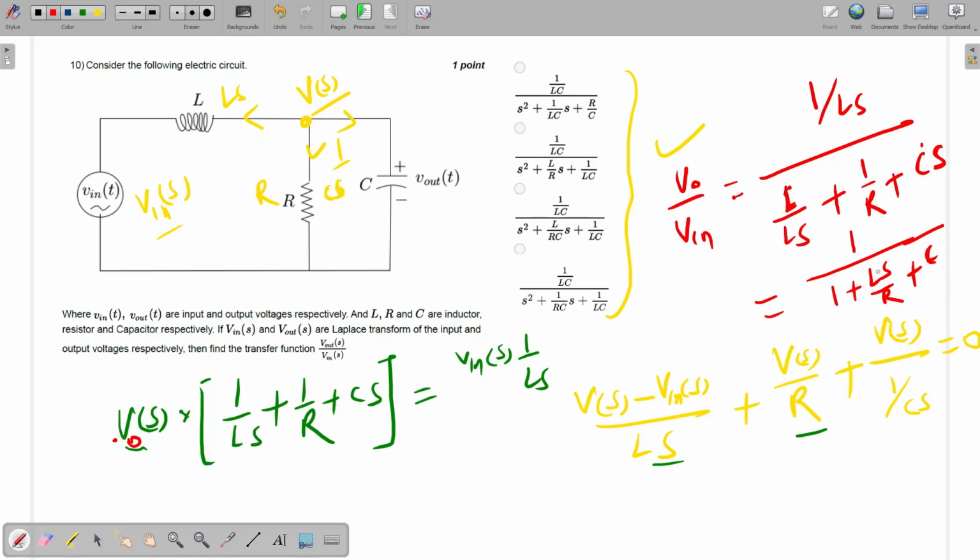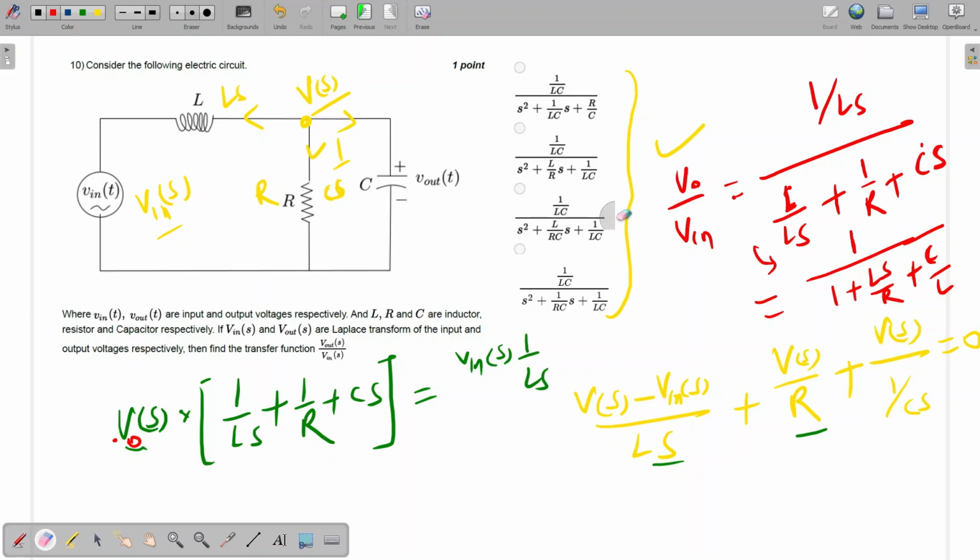Is it correct up to here? Cs divided by Ls, so C by L. But S square should come somewhere, no? LCS square, sir. One second, some mistake I have done.